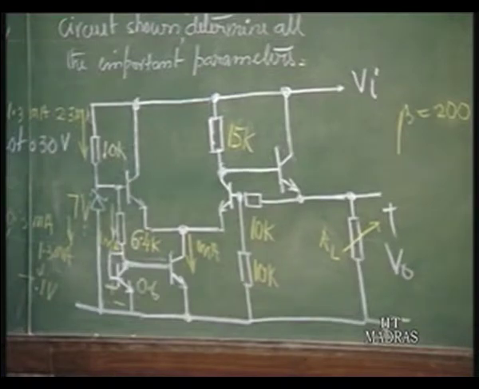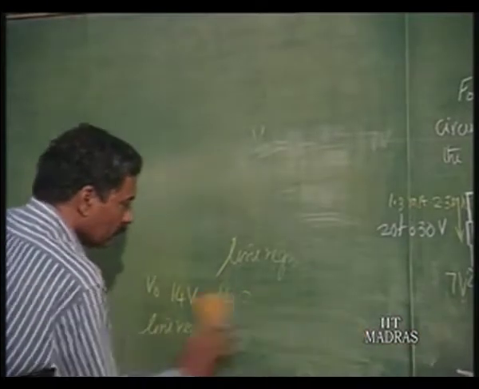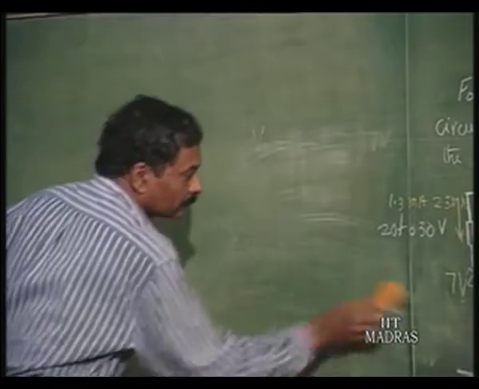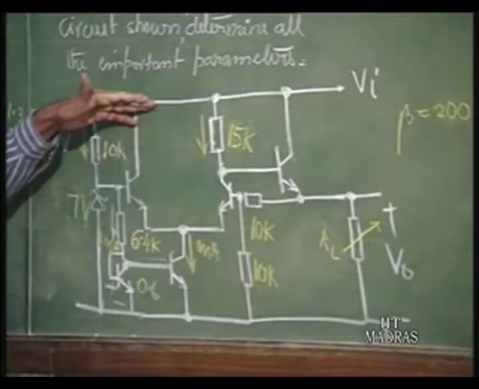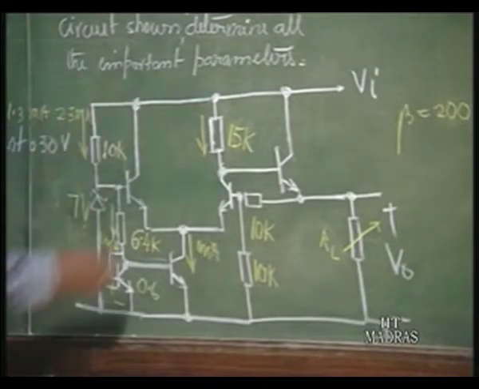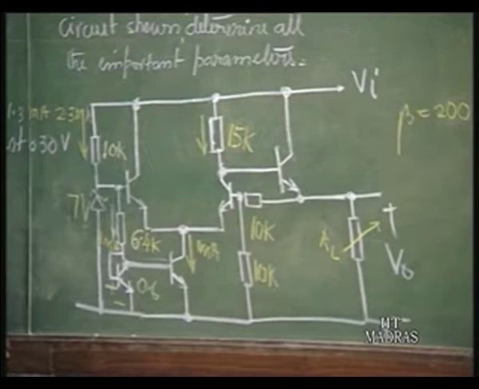we will also find out what is the variation of current that is occurring here. This we had mentioned earlier. Because Vi is changing from 20 to 30 volts, the current here is changing. What is the voltage here?